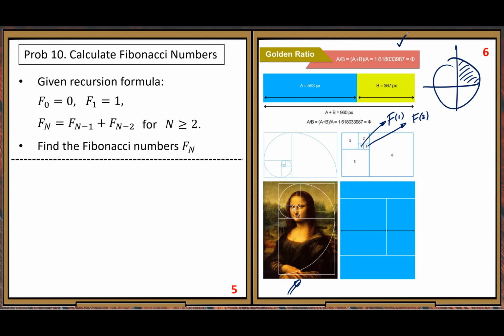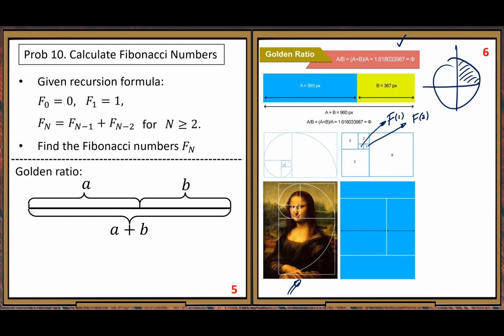I still have a few minutes, so let me derive this golden ratio first. How do we define a golden ratio? We use line segments. We start with 2 line segments, one longer, one shorter.